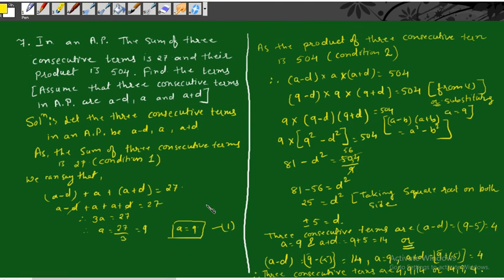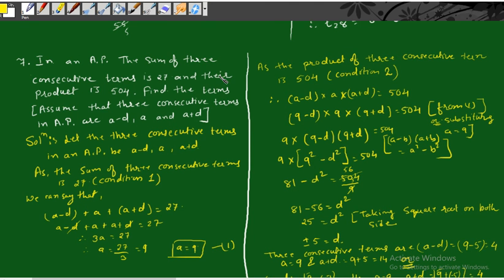Okay. Now according to the second condition, the product of three consecutive terms is 504. Here it is given that their product is 504, the product of these consecutive terms. So a minus d multiplied by a multiplied by a plus d is 504.